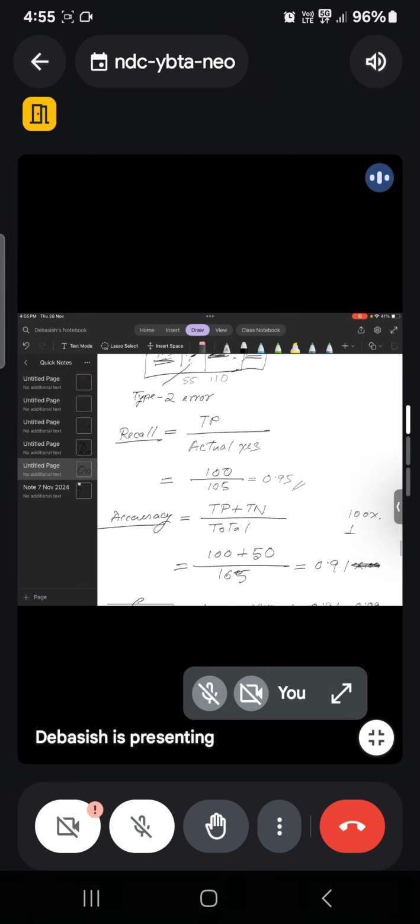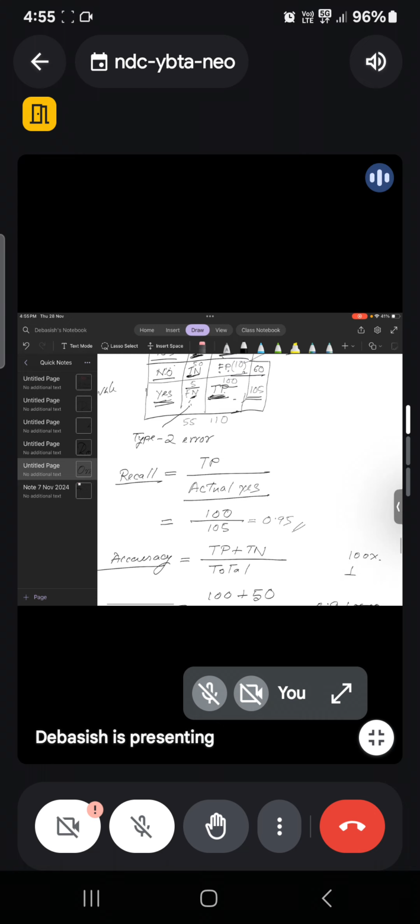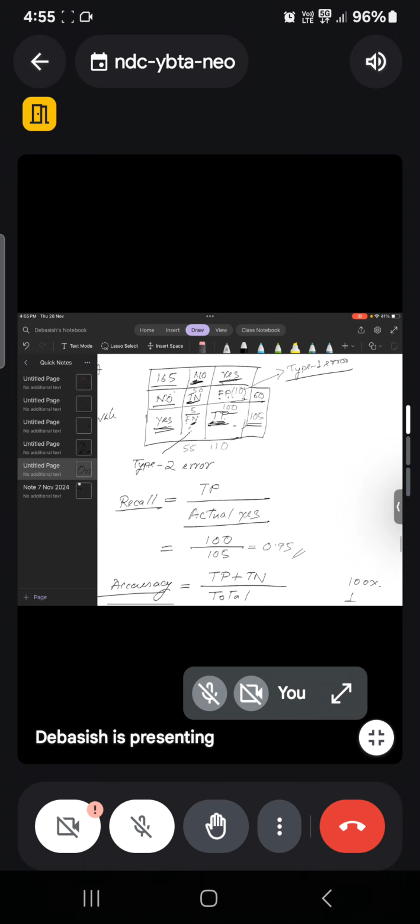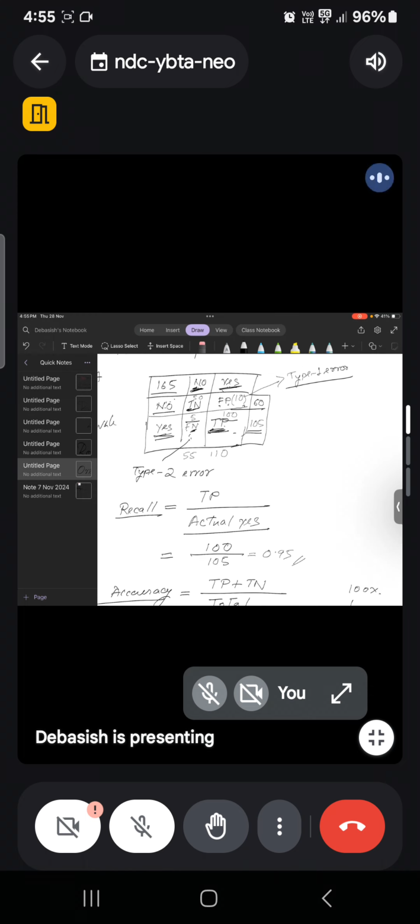In recall, we take actual yes. Actual yes means in reality how many people have the disease. What we calculate is the model's prediction of whether you have the disease or not, the true value.